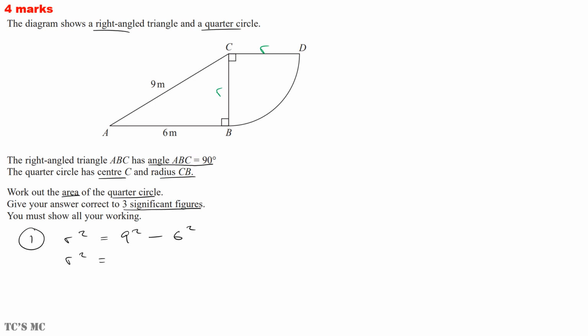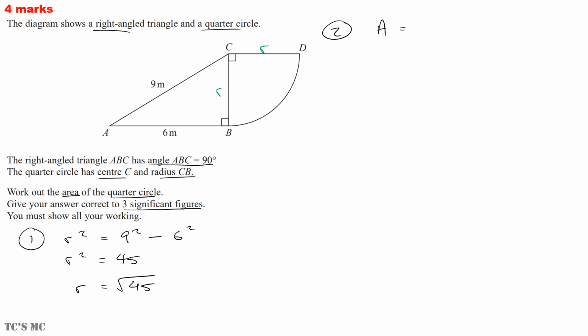r squared is equal to 45. If we want just r, we need to square root 45. Because this is not my final answer, I am not going to work out what this is equal to as a decimal. Now I have a second mark. Step 2, I want to work out the area of the quarter circle.